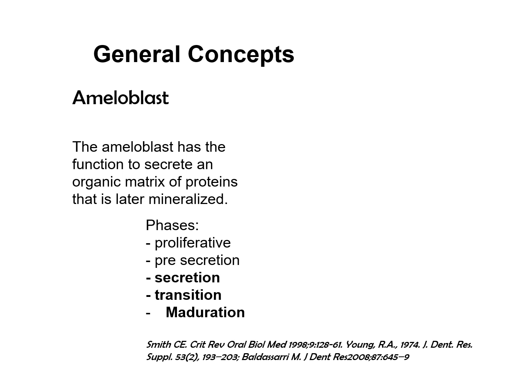So, the ameloblast has the function to secrete an organic matrix of proteins that is later mineralized, and this process is carried out in 5 phases. In the first 2 phases, the ameloblast prepares itself and becomes a mature secretory cell to begin the next 3 main phases.